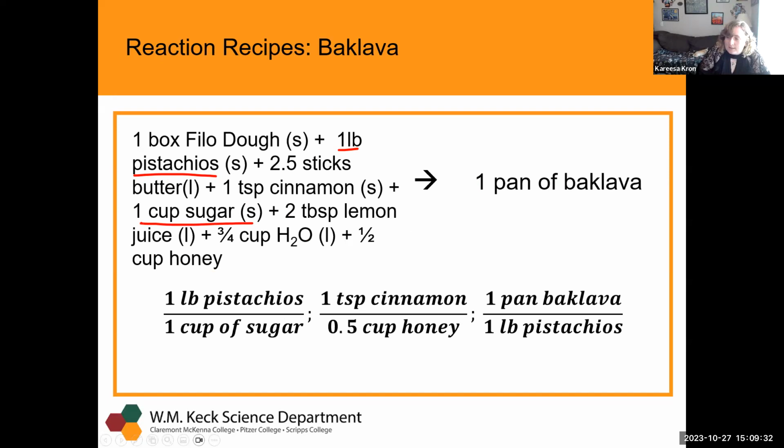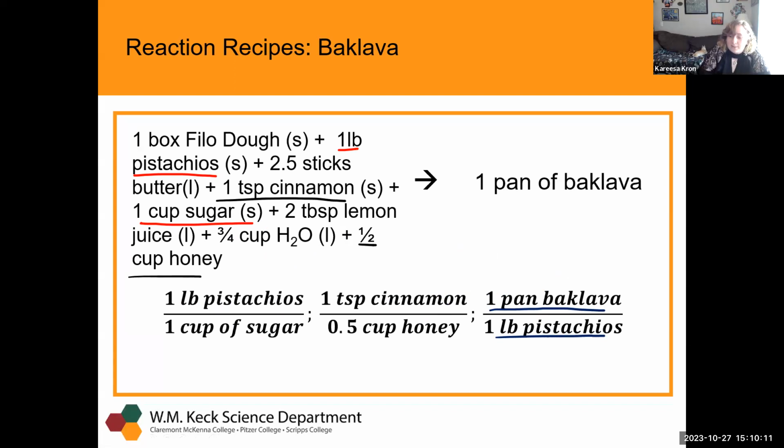If I have a teaspoon of cinnamon, then I know I need half a cup of honey. And if I want to make the pan of baklava, then I'm going to need 1 pound of pistachios. So these are ratios of our ingredients or our product to each other. So a ratio is a comparison of 2 amounts. And so here our ratios are based on the amounts of ingredients we need in this recipe.